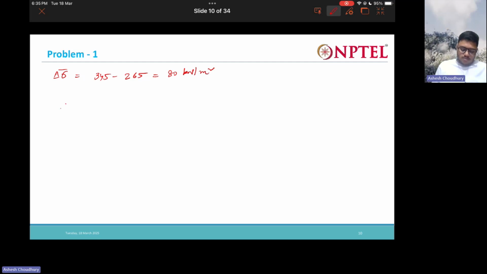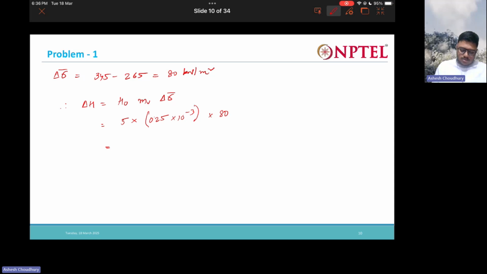Therefore, for the settlement, we have the coefficient of volume compressibility, MV. H naught is nothing but the thickness of the clay layer, which is 5, times 0.25 MV, meter cube per meganewton, which I will convert, times 80.